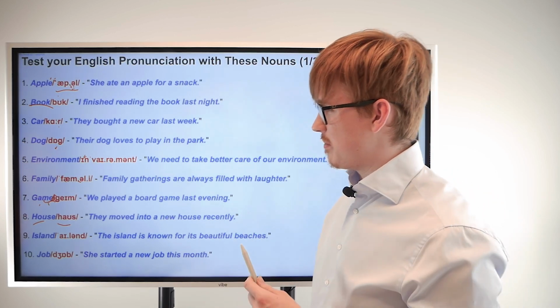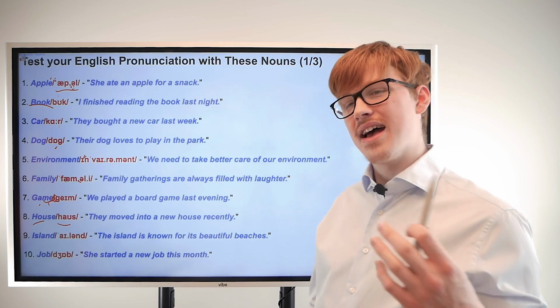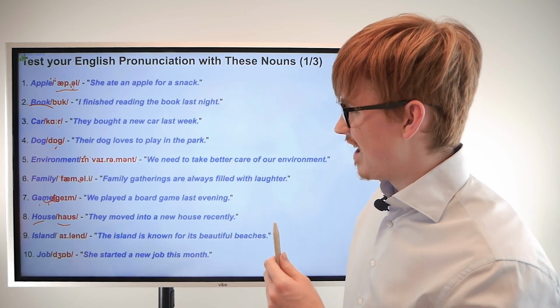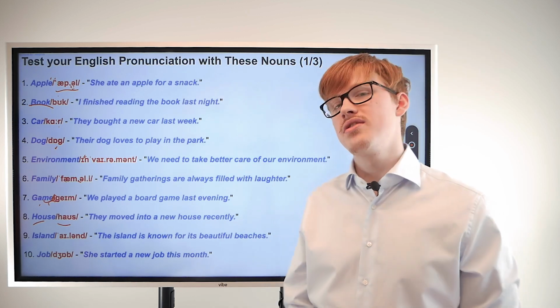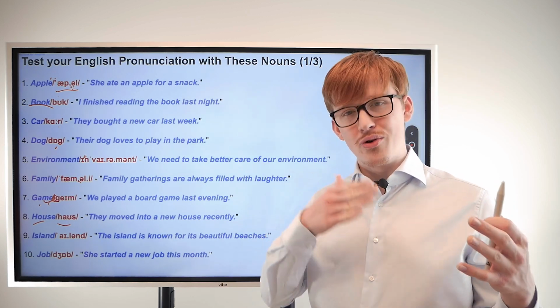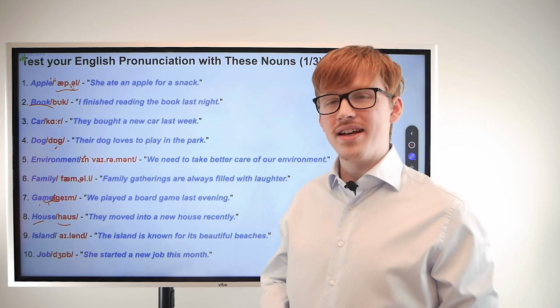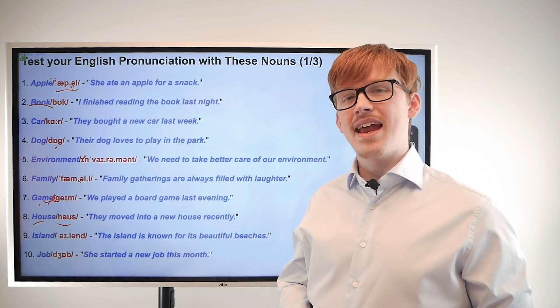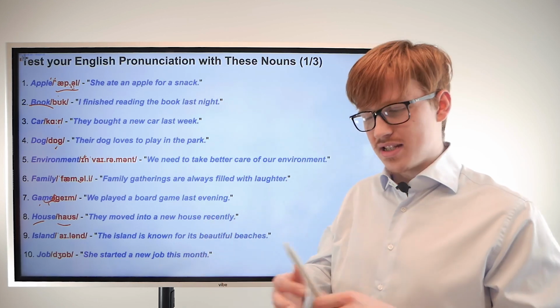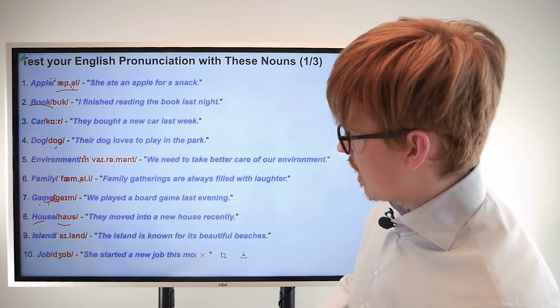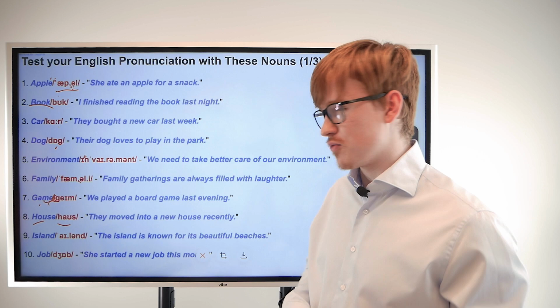It becomes house, and then the E disappears into the background. If you were somewhere like Scotland, they would say hose. It's almost like a deeper OU sound, but in the south of England, we would say house, almost an ow sound, like someone pinches you. Ow, house. They moved into a new house recently.